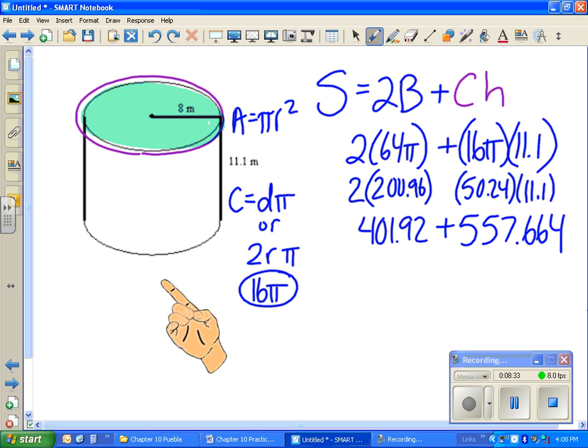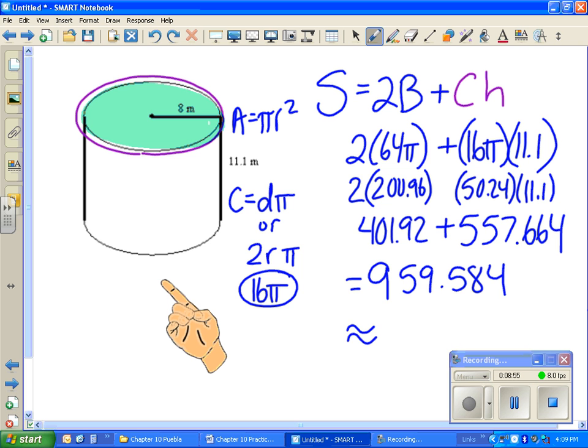I should have rounded that. I think the thing says to round to the nearest square unit. So I'll round it right now at the end. So that plus 401.92, 959.584. So they want you to round this.